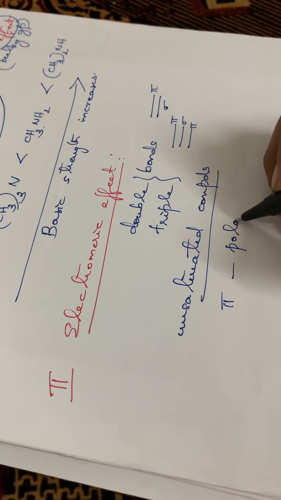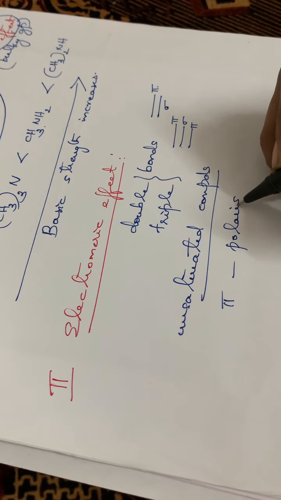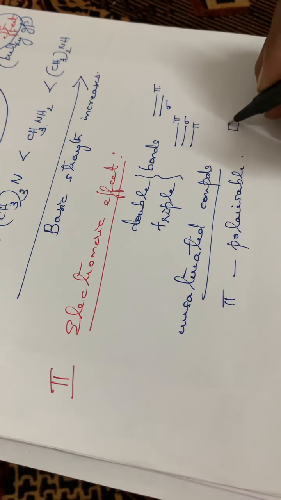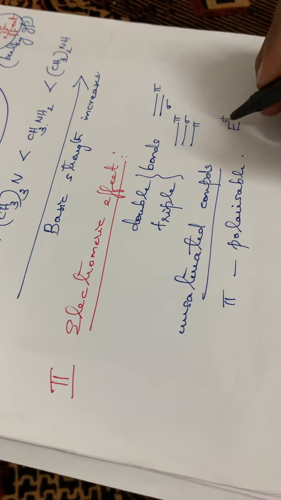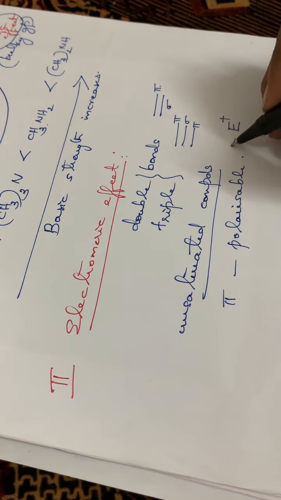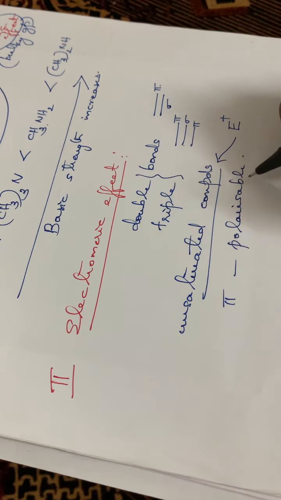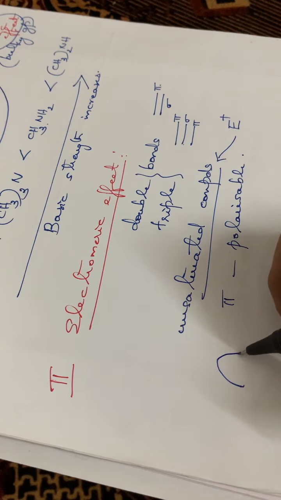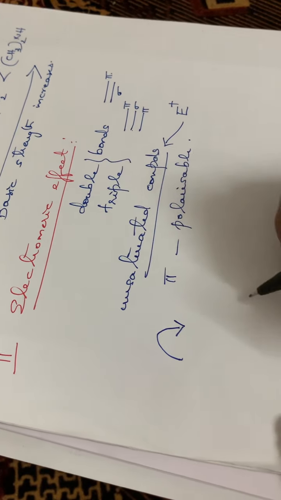That means if an electrophile, which is positively charged, E plus, attacks an unsaturated compound, the pi bond present in that compound is polarizable. That means there will be a pi electron shift taking place.